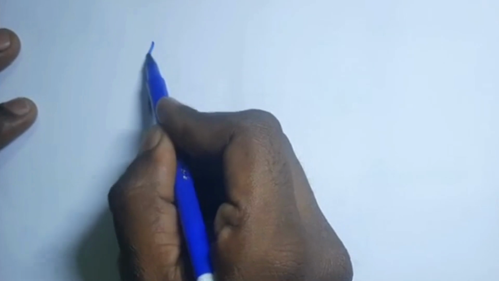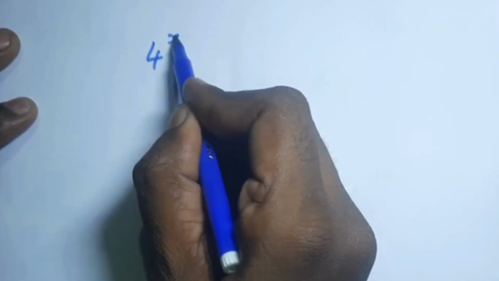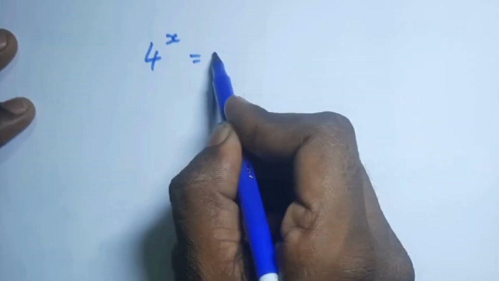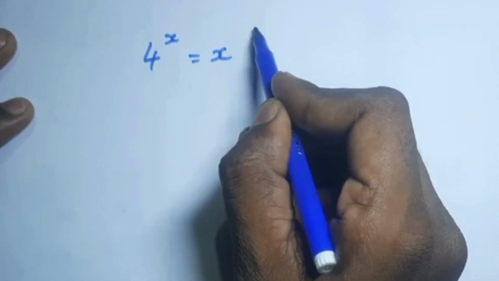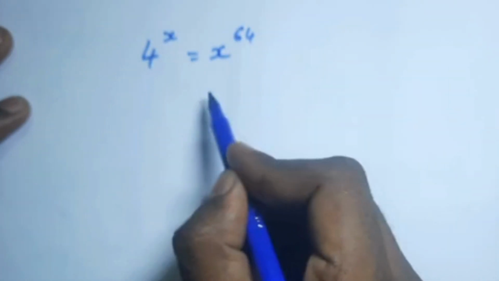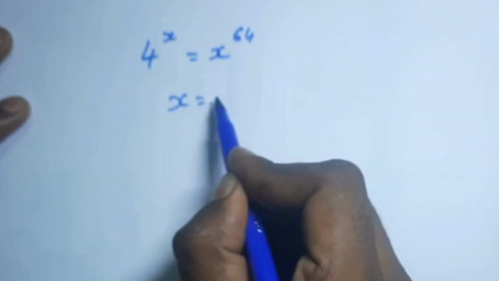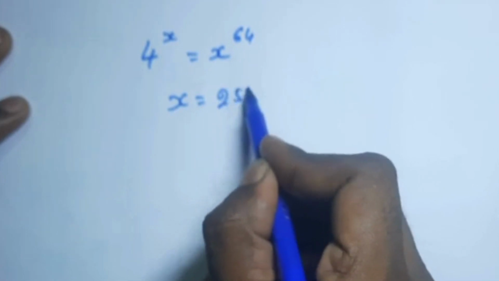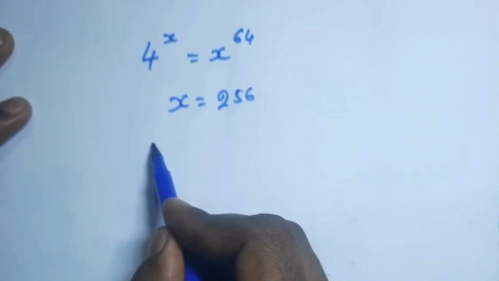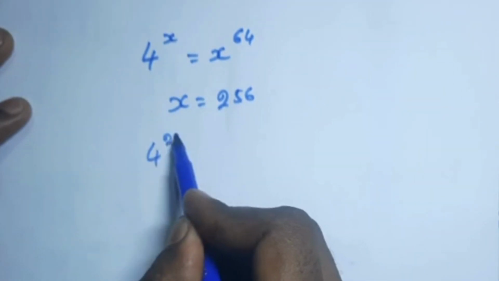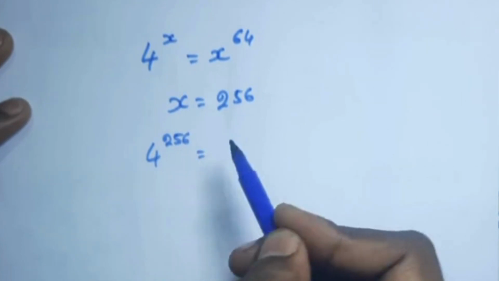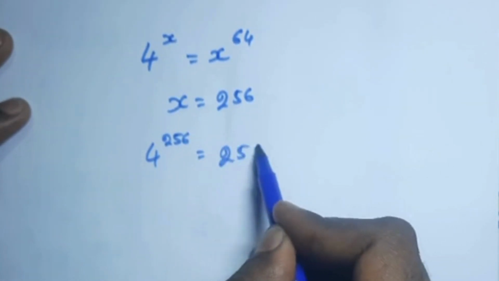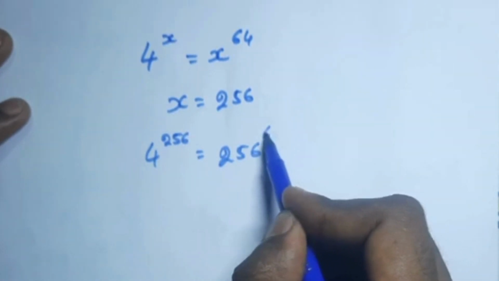Let's verify this answer. The equation is 4 to the power of x equal to x to the power of 64. Now we know that x equal to 256. 4 to the power of 256 equal to 256 to the power of 64.